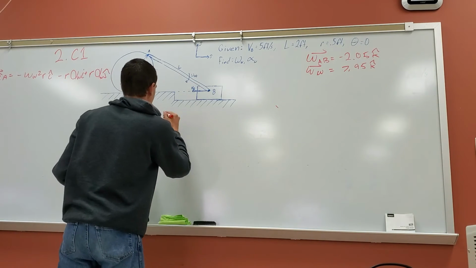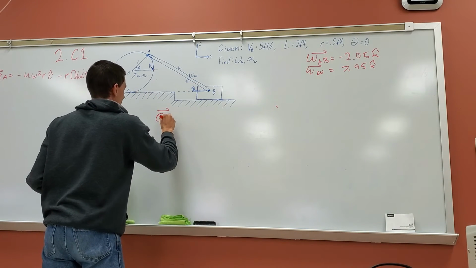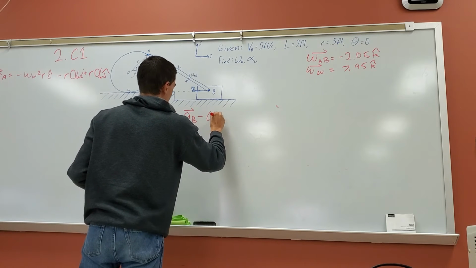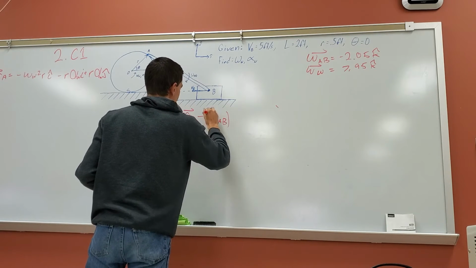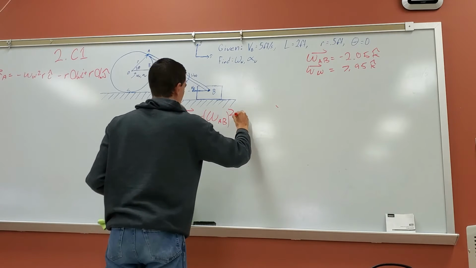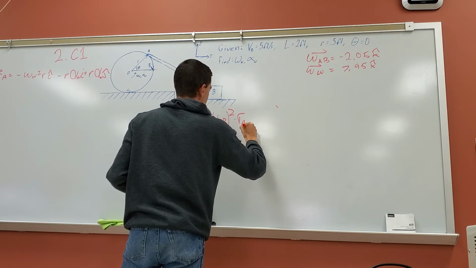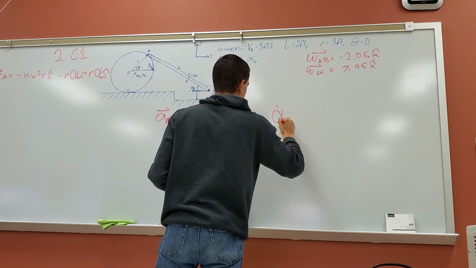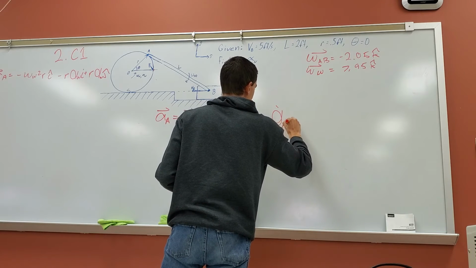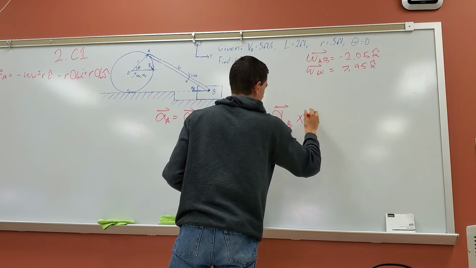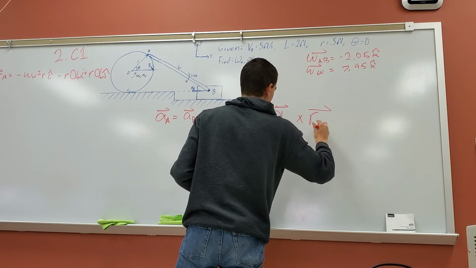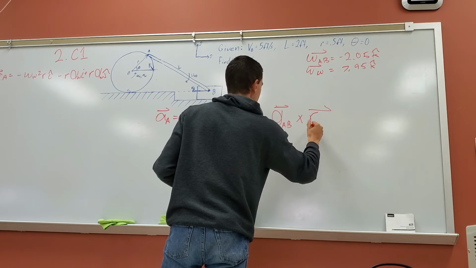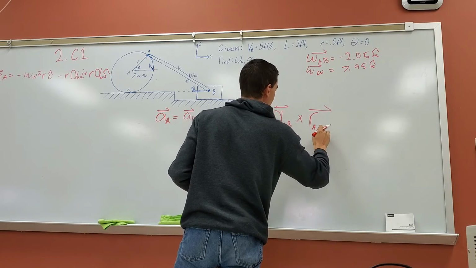So we start off again where acceleration of A is equal to the acceleration of B minus the omega of AB squared multiplied by the r of A slash B plus the angular acceleration of linkage AB crossed with the vector from point B to point A.